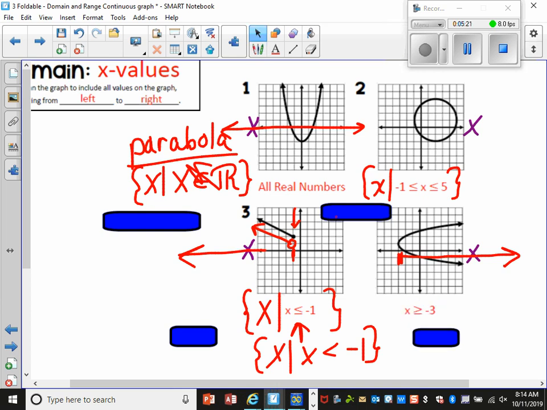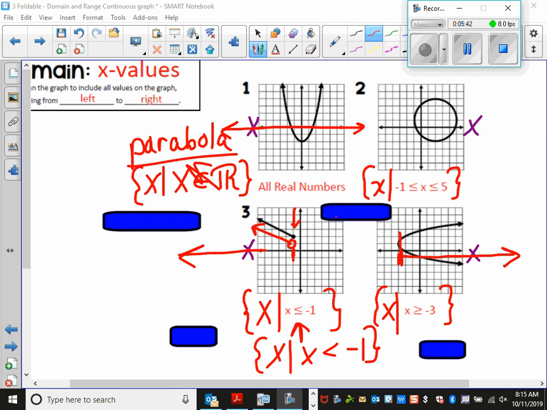Since it starts at -3, it gets larger as it opens up. We're back here at -3. Then you have X such that X is greater than or equal to -3.